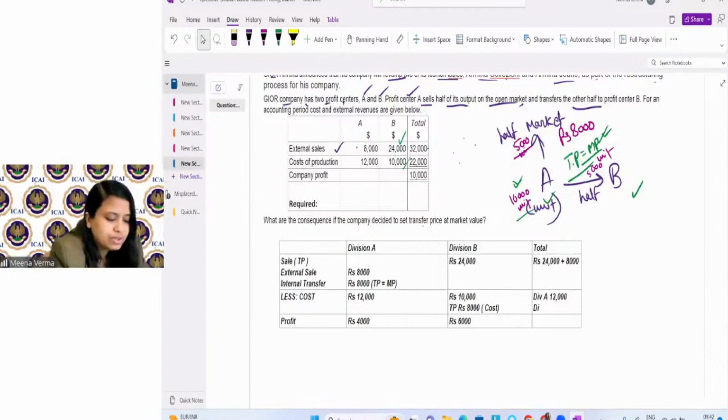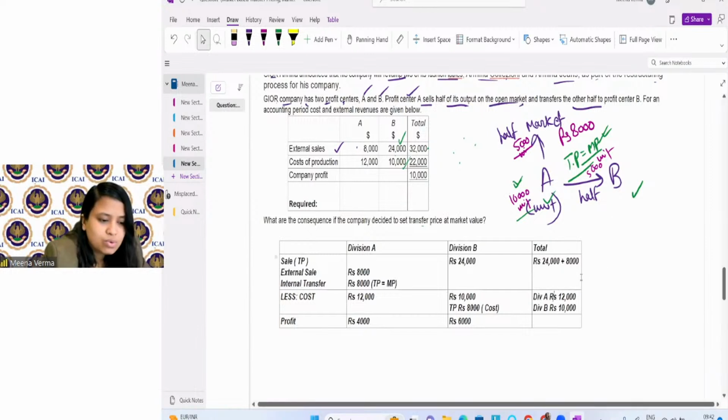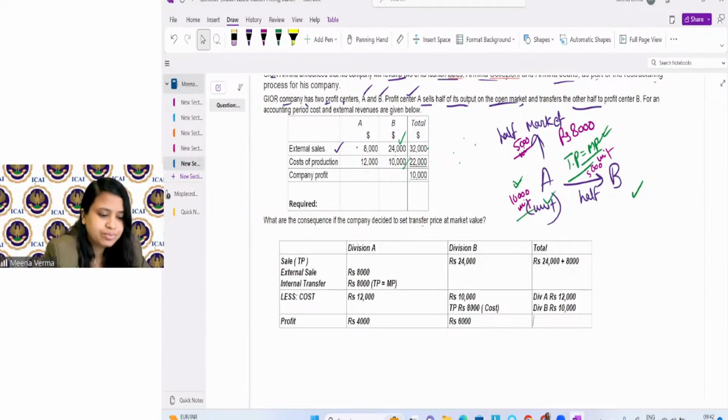And in division B, the company's total cost is how much? I think it is 10,000. These are the total costs of divisions A and B. You can see the profitability here. Calculator.